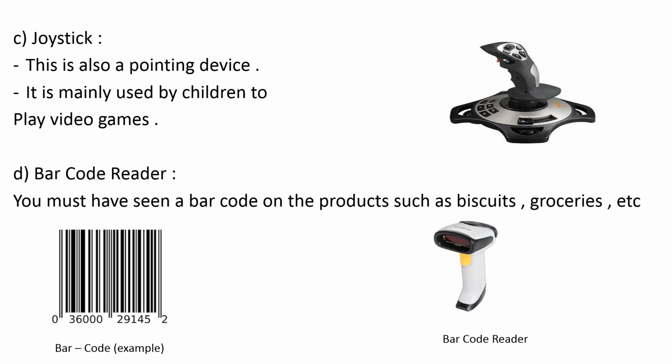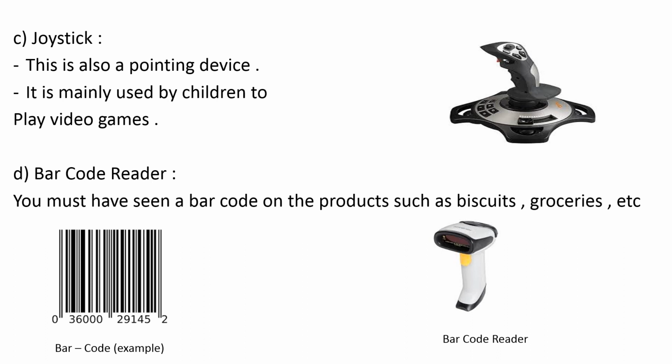If you have visited DMart, for example, you will find this type of device in the hand of the person at the billing counter. That person scans this barcode with the help of the barcode reader.